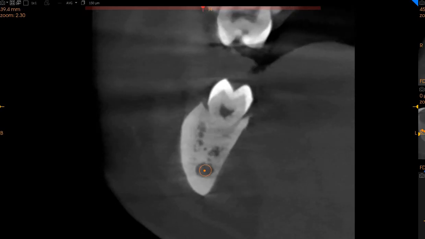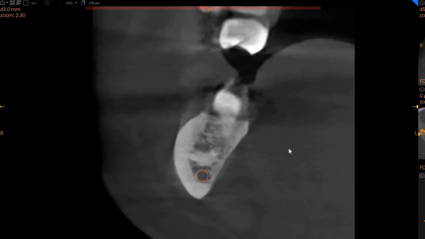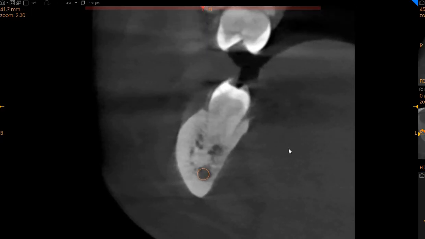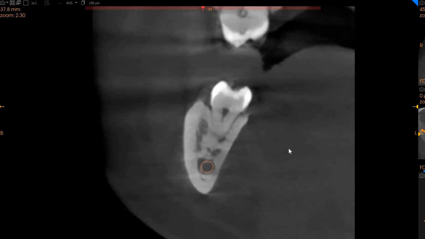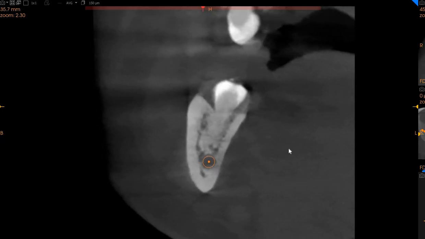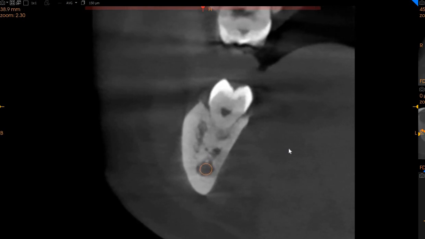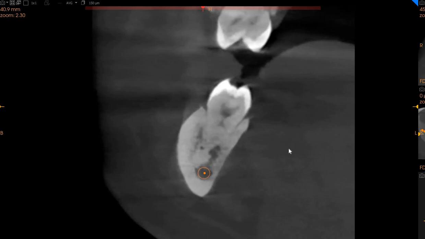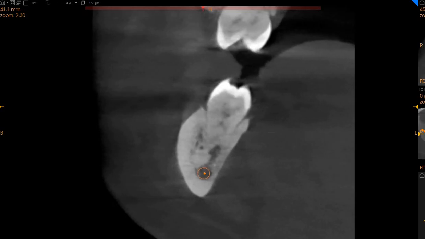And then we've got the 8, and the 8, ladies and gentlemen, has very interesting root morphology. We don't see the roots going all the way down to the inferior alveolar nerve. However, we see an idiopathic osteosclerosis or a little bit of cementum deposition at the apex, which you can see very clearly right here.